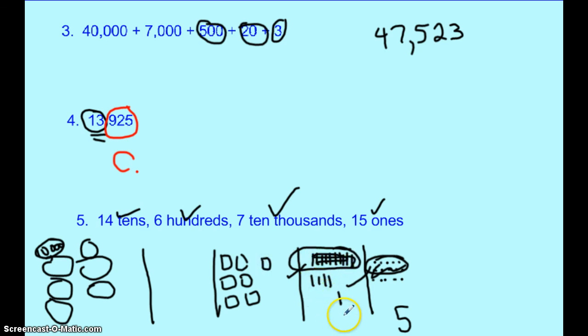And now we have 5 tens, or 50. Now we have only 7 hundreds. We start with 6, we have 7 now. How many thousands do we have? We need to make sure we record that. That's 0. And then how many 10,000s do we have? We still have 7. So the amount that you see here is 70,755.